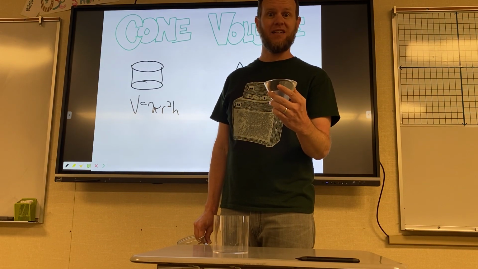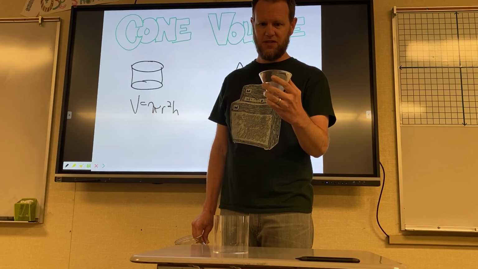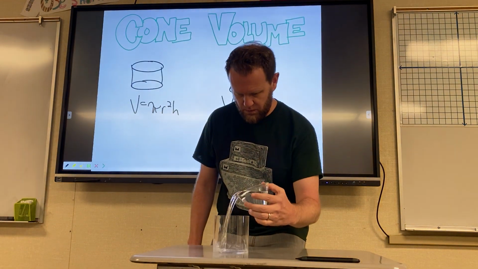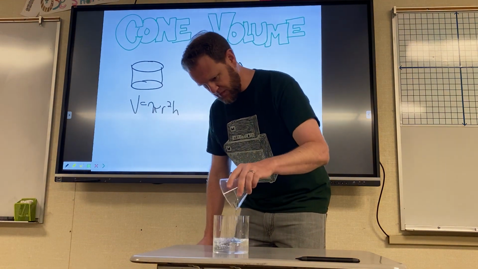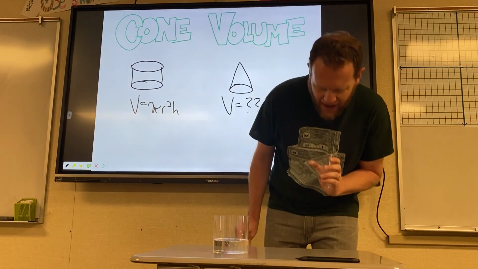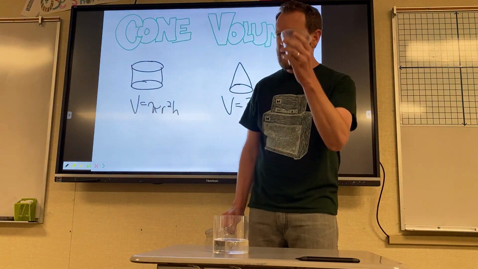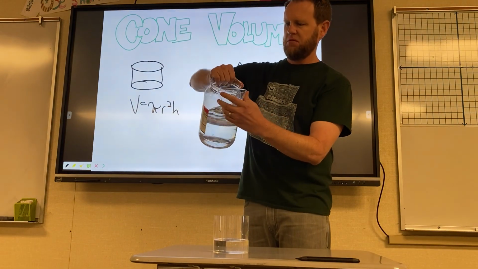Let's find out. Are you ready? This is going to be so exciting. So, this is one cone. Oh, can you see that? Is it halfway full? It's not quite halfway full, so this is more than double the volume of this.